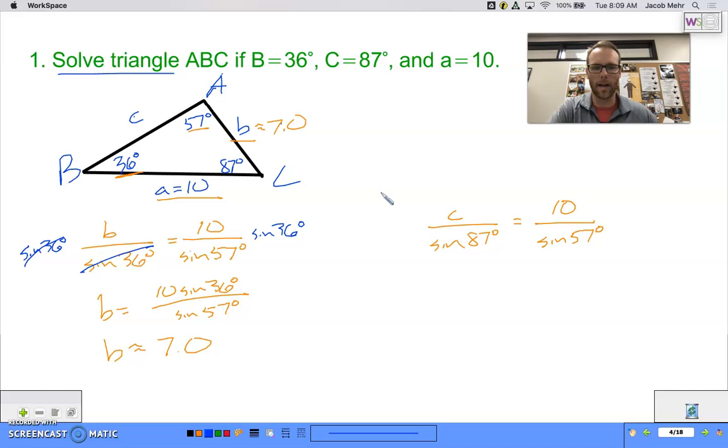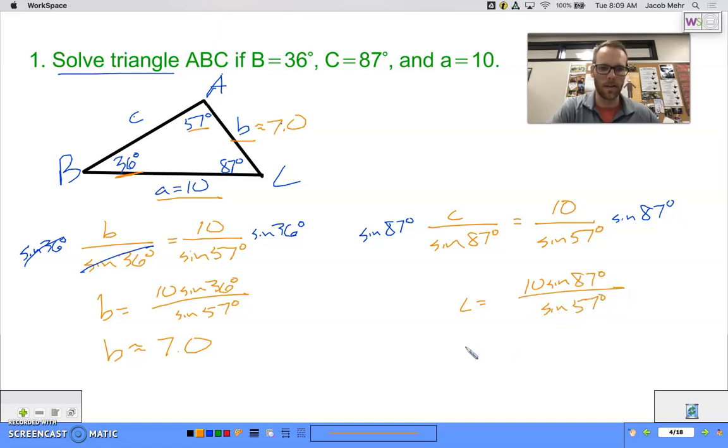Now let's multiply by the sine of 87 degrees on both sides. And we get C equals 10 sines of 87 degrees over the sine of 57 degrees. That's the exact side length.